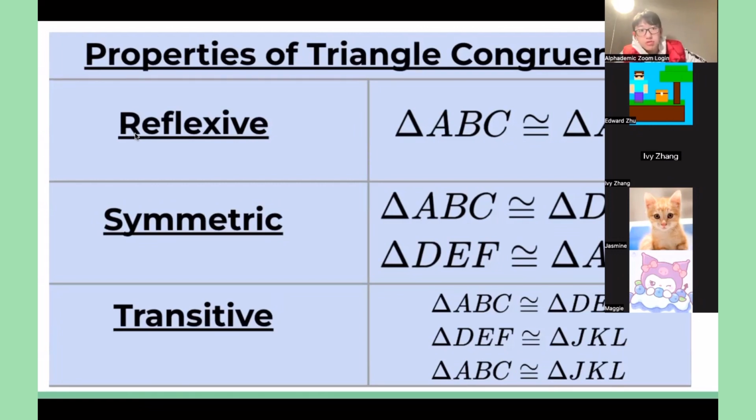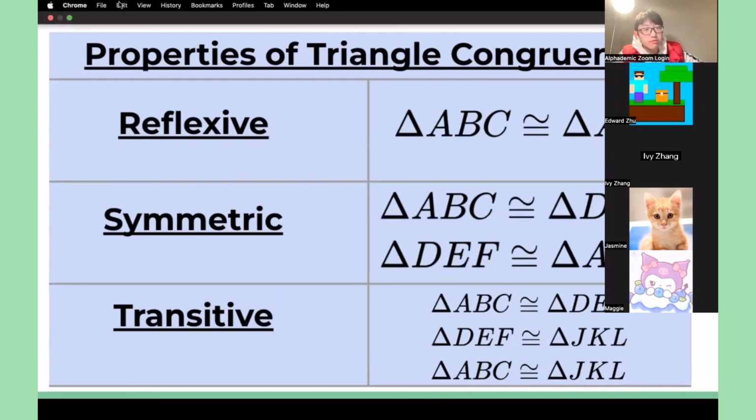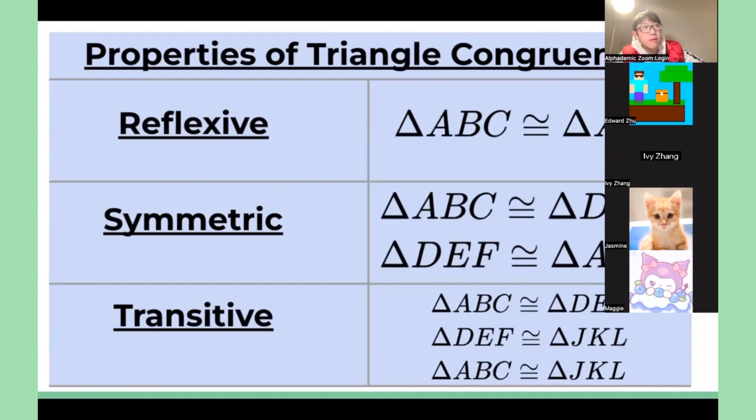Next up, the transitive property, which I think is the most important one out of these three, which states that if triangle ABC is congruent to triangle DEF and triangle DEF is congruent to triangle JKL, then triangle ABC is congruent to triangle JKL. This is very similar to what we talked about a few lessons back about the transitive property of angles and the transitive property of sides.